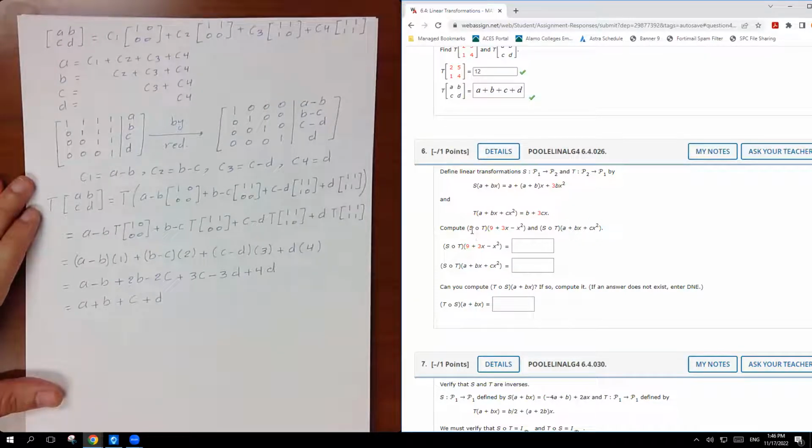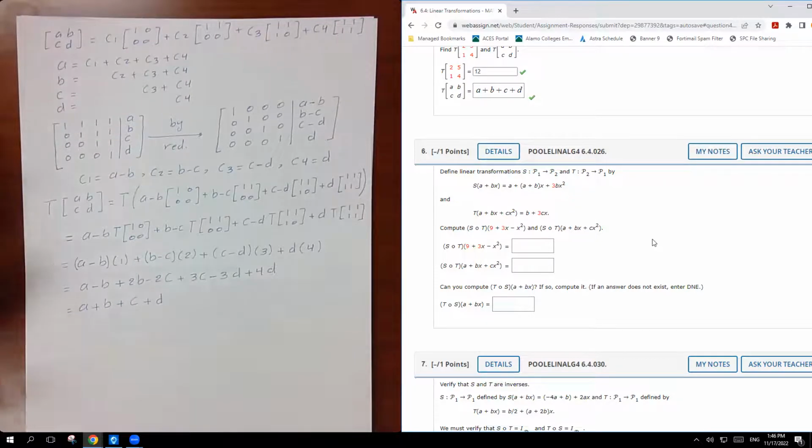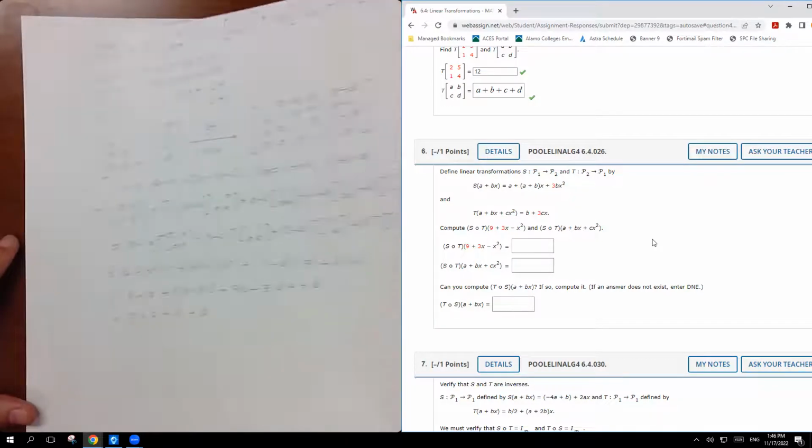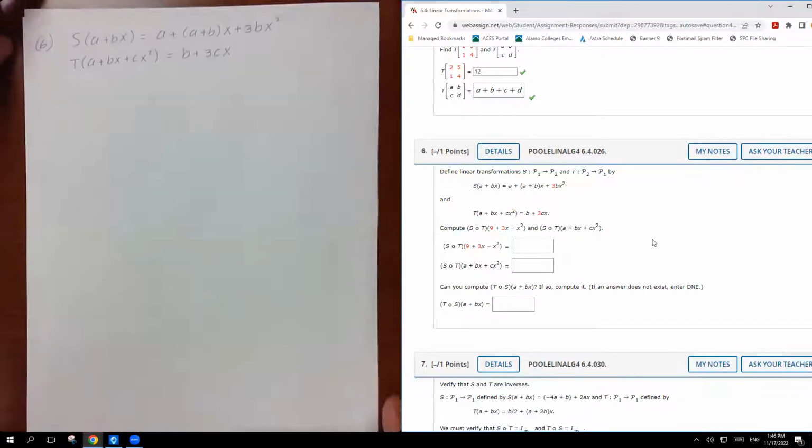Compute S composite with T on this polynomial and S composite with T on this polynomial. Then they ask you to find T composite with S of A plus BX. That means you have to do 3 parts for this example. So let's check here. Here are the two rules.